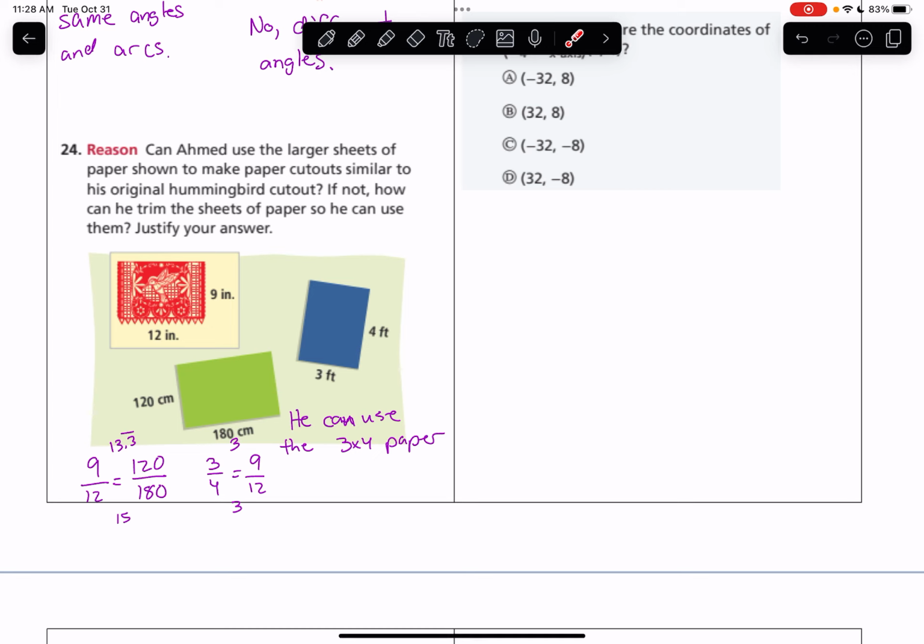So I'll do 12 times 13.3, and I get 160. And so I can trim the other to 120 by 160, and that will make that paper proportional to the 9x12 inch cutout as well.